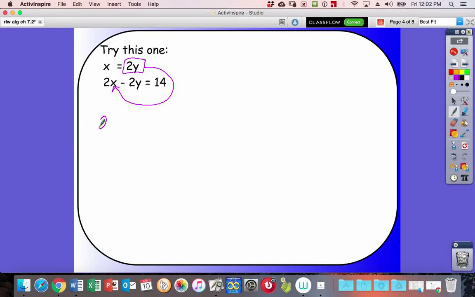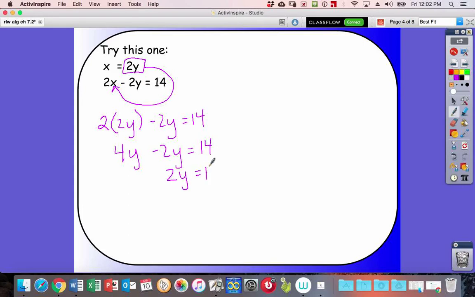So if I came down here, I'd do 2 times x, but I know x is equal to 2y, minus 2y equals 14. Now I have to distribute, I have to multiply here. 4y minus 2y equals 14. 2y equals 14. I divide both sides by 2 and I get y is equal to 7. But I'm not done yet.